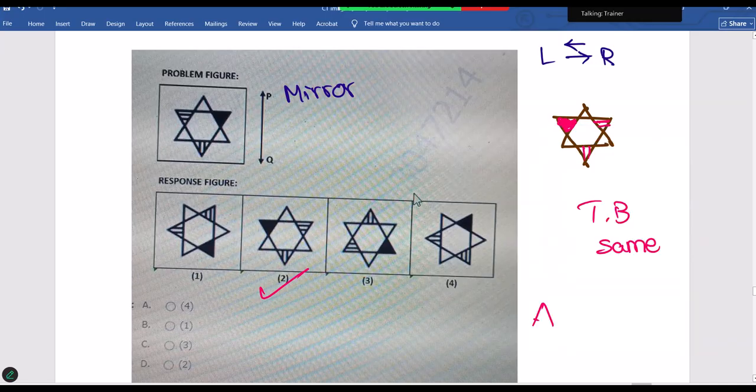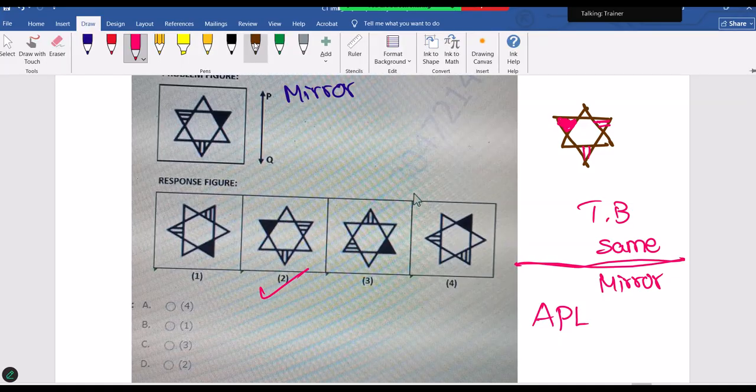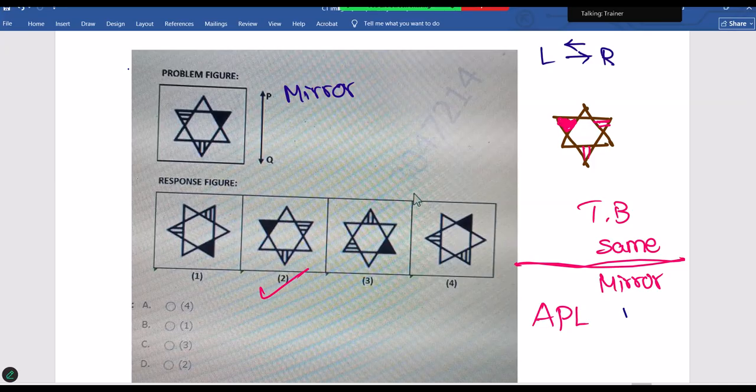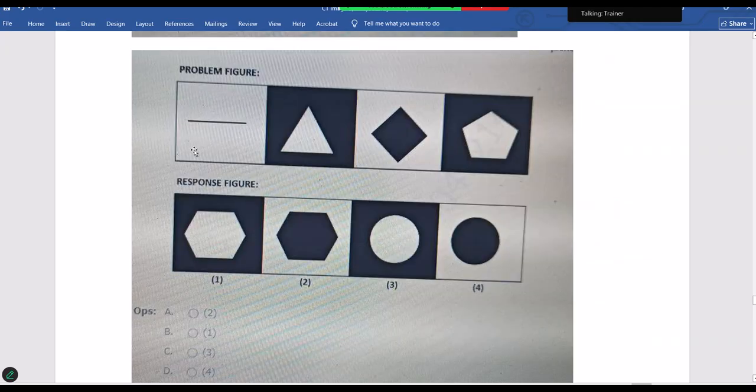If you raise your hand on the right side, it will show on the left side in the mirror. For APL, if you apply the mirror image, it will be like LPA. Your right will come to left, left will come to right. This is how a mirror image acts.